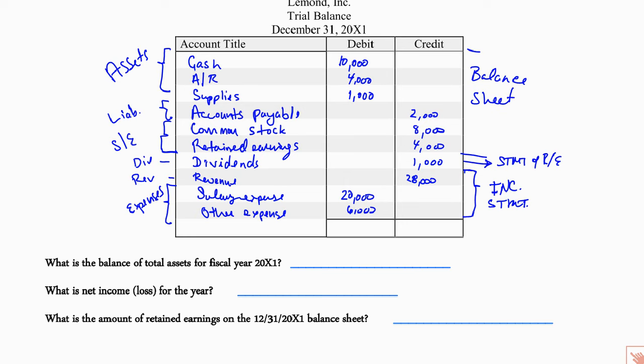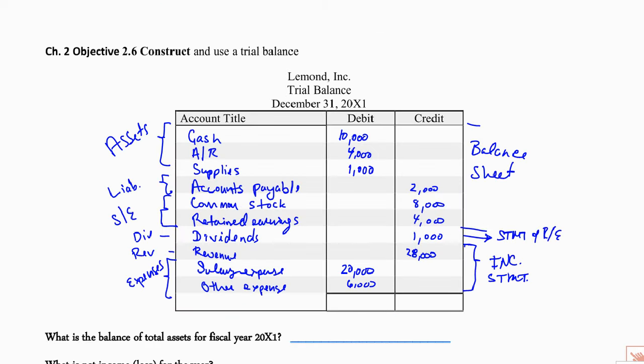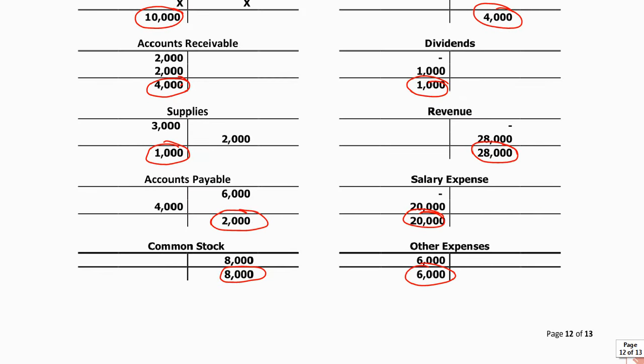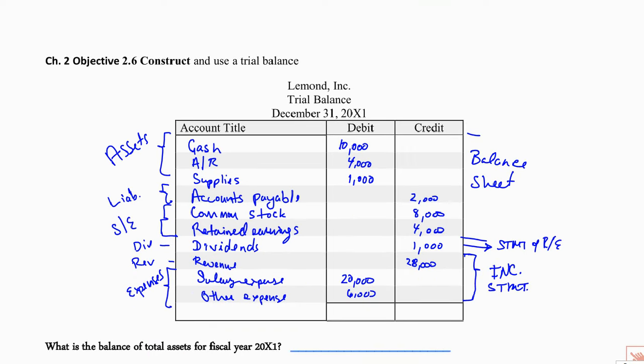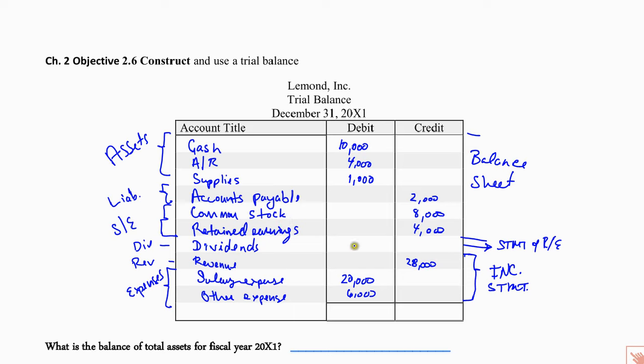I get these numbers right. Oh, I see what I messed up. When I make mistakes, you learn more. Dividend is 1,000. Okay, so this is 10, 4, 15, 16, 20 is 36, plus 6 is 42,000.